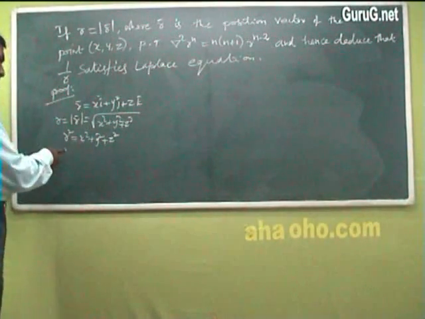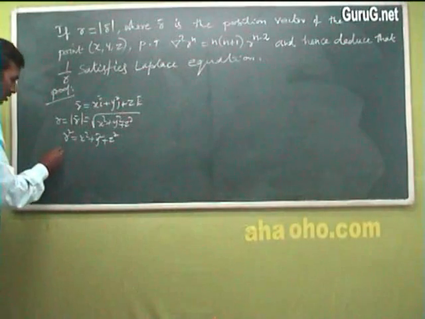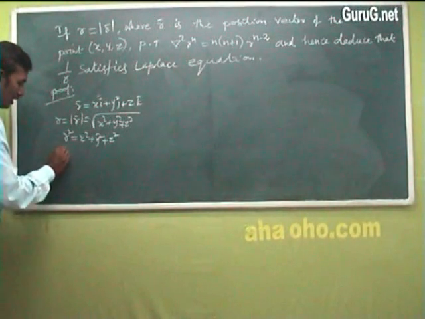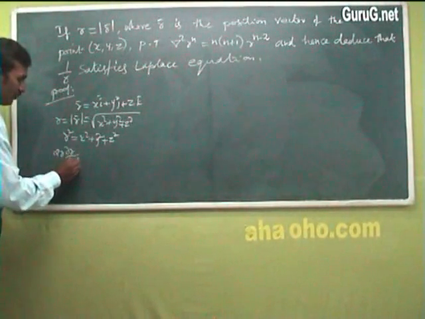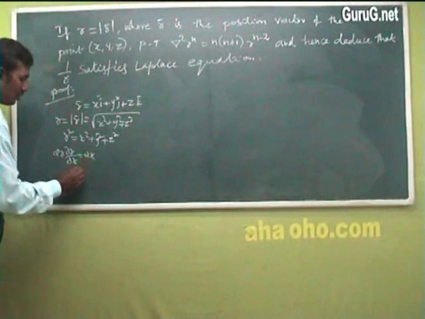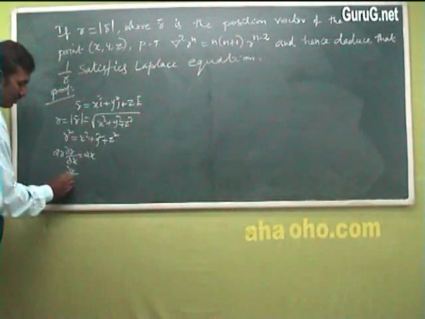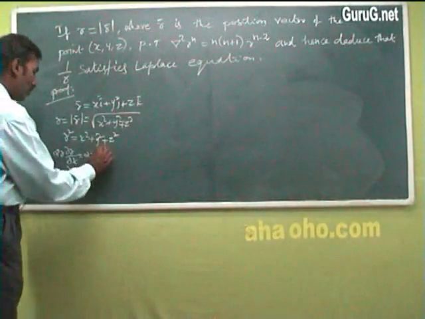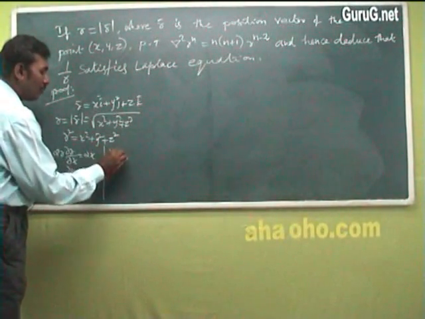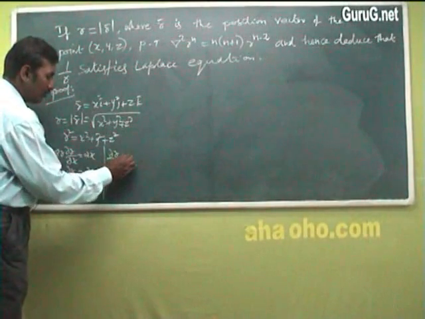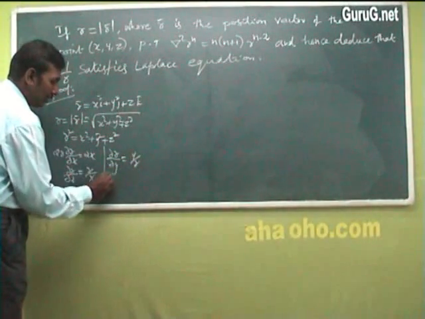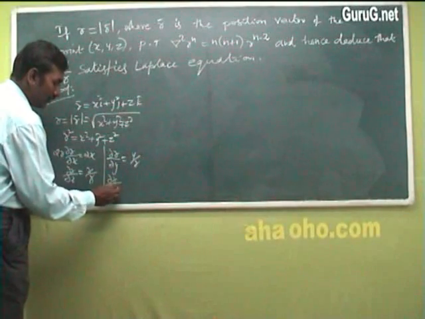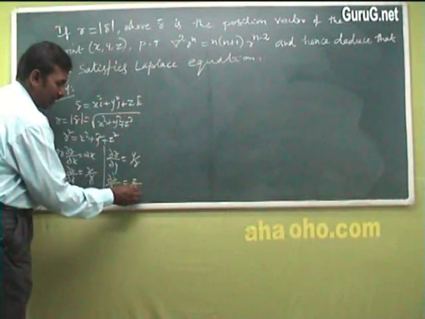Differentiate partially with respect to x: 2r dou r by dou x equal to 2x, so dou r by dou x equal to x by r. Similarly with respect to y, dou r by dou y equal to y by r. Then dou r by dou z equal to z by r, right?